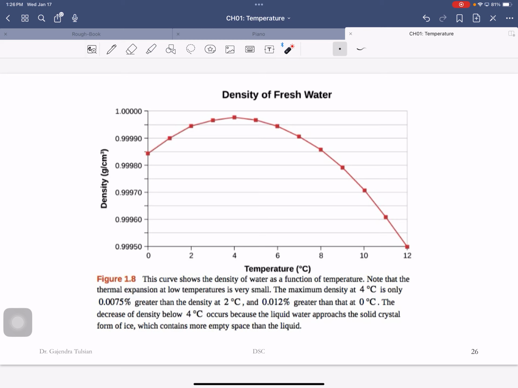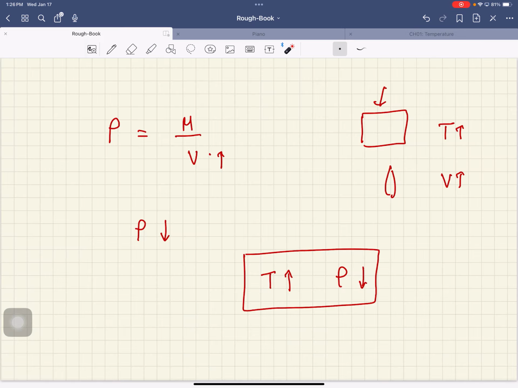It's 20 parts in 100,000, so 1 part in 10,000. But this is extremely important for life. So let me tell you the story about that.